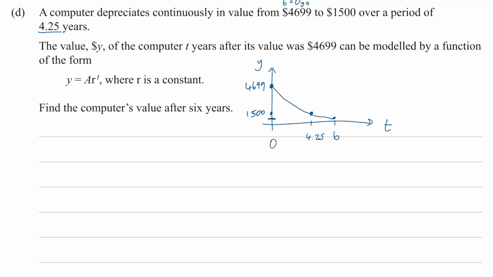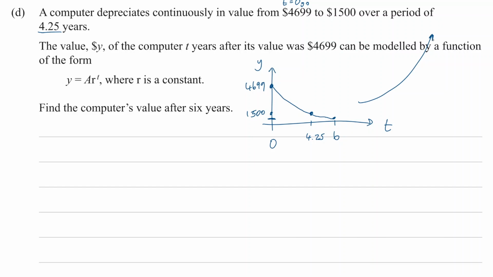Now going back to the question, we're given the model, the equation that relates time and value. It's an exponential equation. Since it's depreciating, we expect an exponential decay, rather than gaining value, like maybe in the housing market.